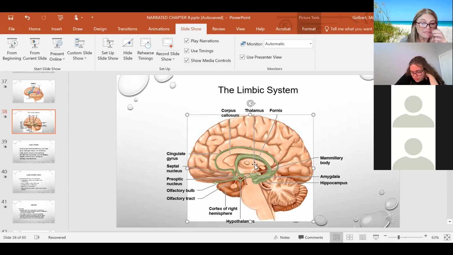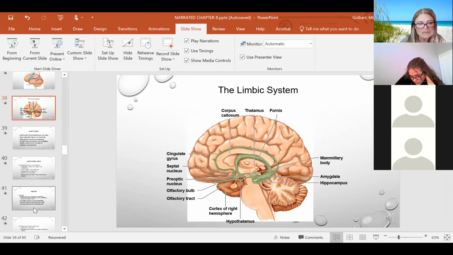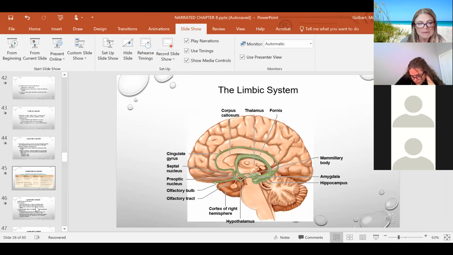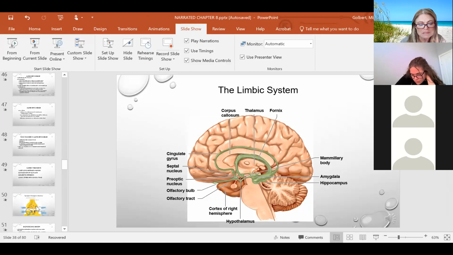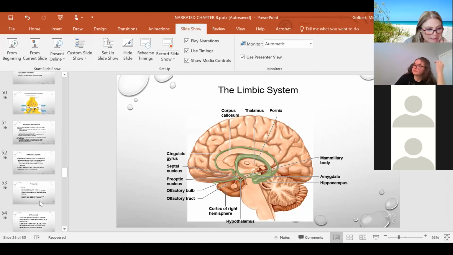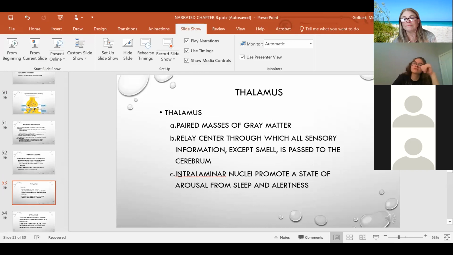If you have a sensory neuron bringing information, it's going to make a pit stop in the thalamus, and then it's going to go somewhere else. The thalamus is right in the middle of the brain, so that's why it's very important. The thalamus is also related with sensory information, and is also related to the state of sleep or waking up.